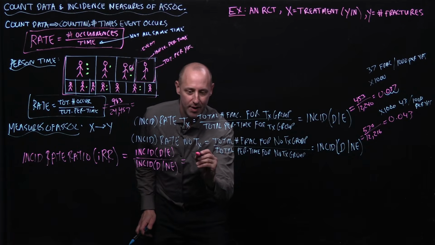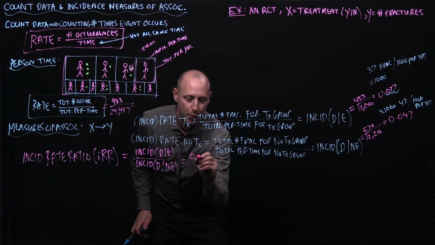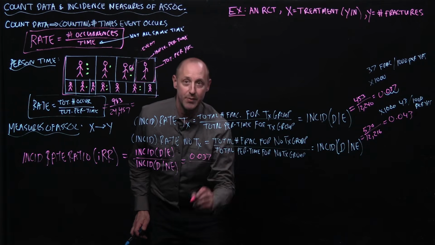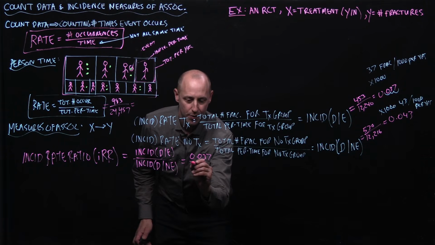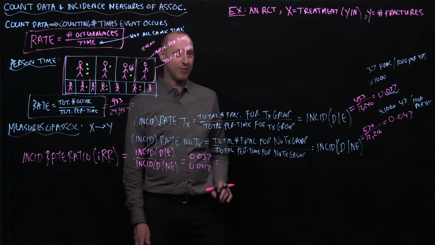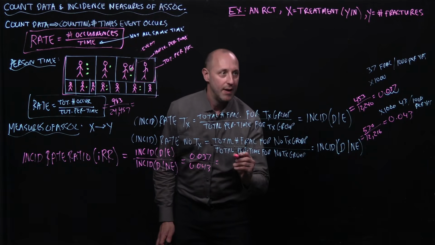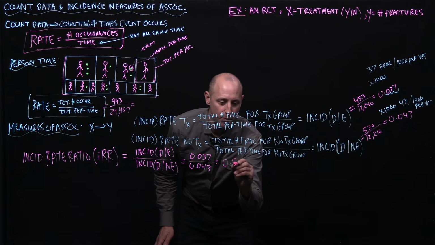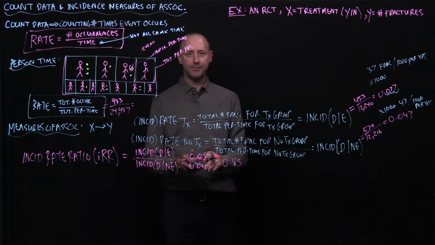Okay, and here we saw it was 0.037, right, was the rate for the treated group. 0.043 was the rate for the untreated group. And if you work this out, it comes out to be 0.85.